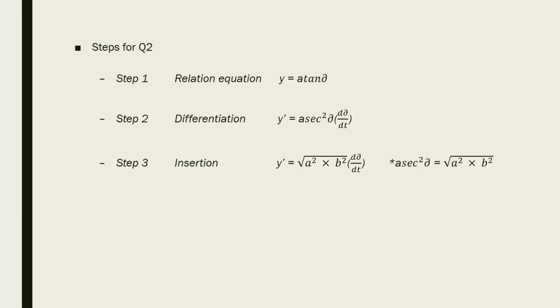Since a secant squared theta equals the square root of a squared plus b squared, y prime equals the square root of a squared plus b squared times theta prime. The final step is to solve, and we find our answer: theta prime equals y prime over the square root of a squared plus b squared.